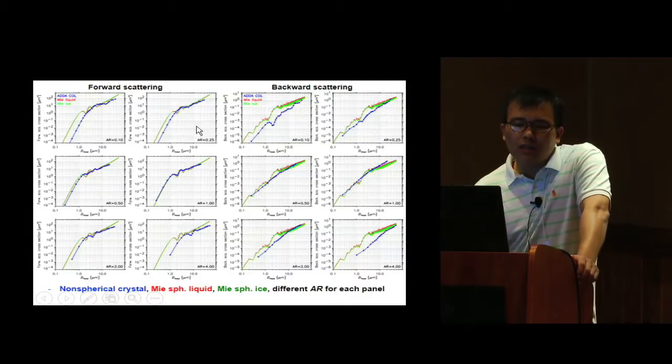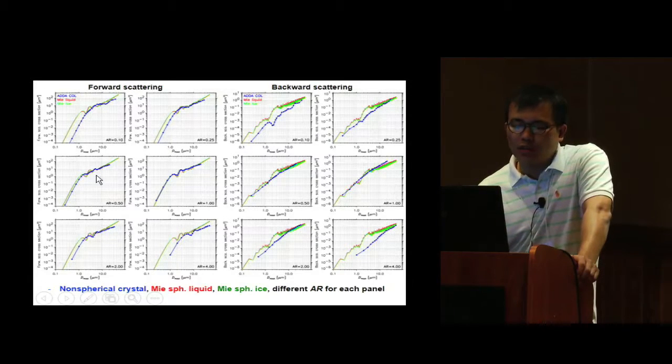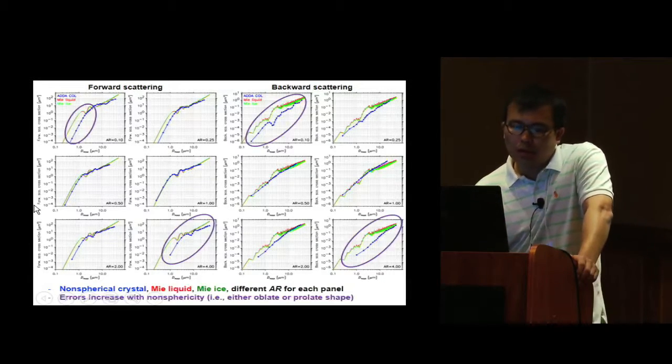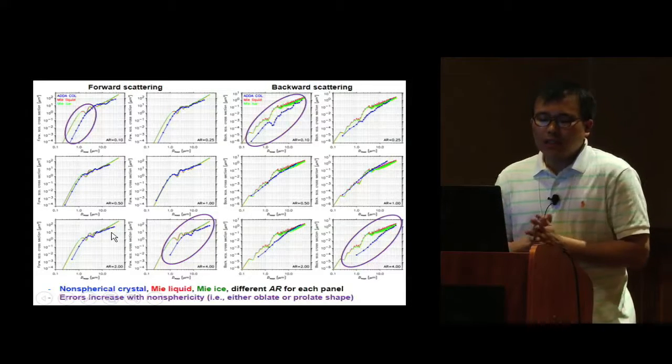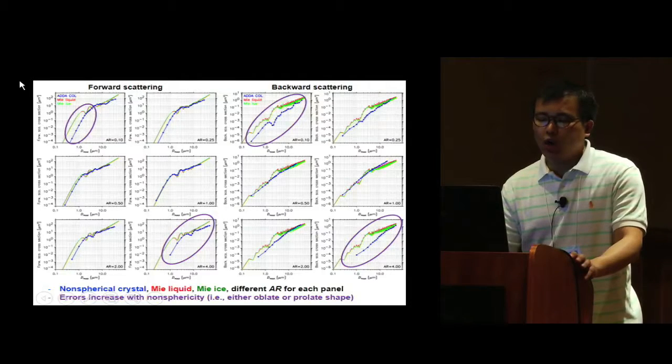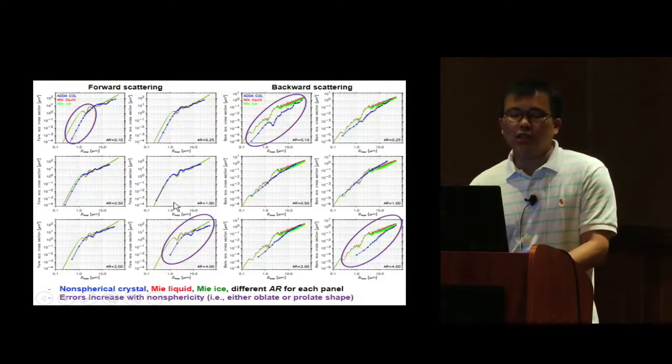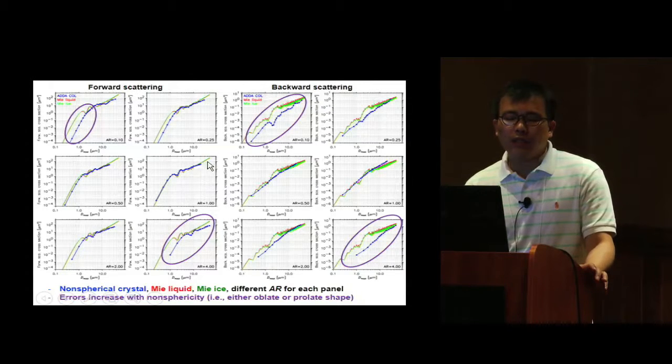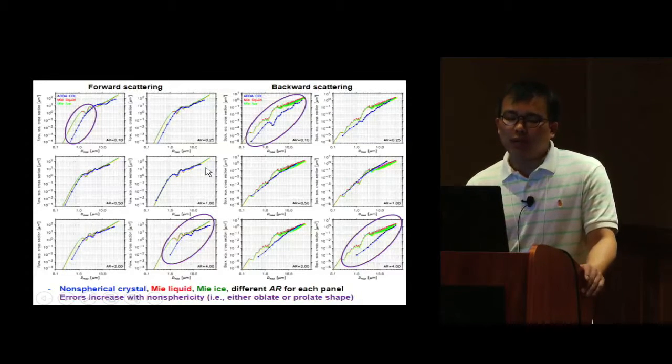And each panel represents different aspect ratios. So errors increase with this non-sphericity. I mean, either oblate or plate shapes show much larger errors compared with the compact shape of aspect ratio of 1.